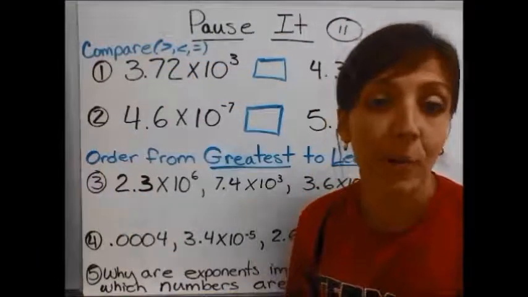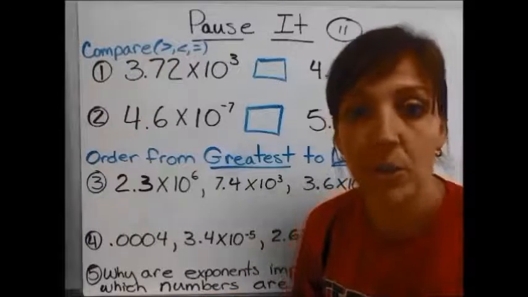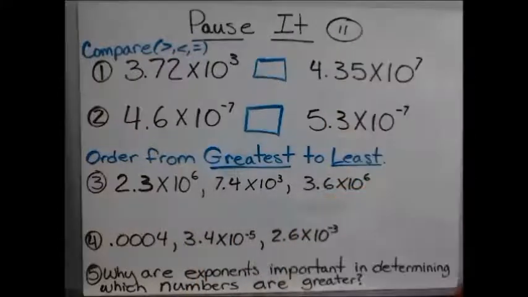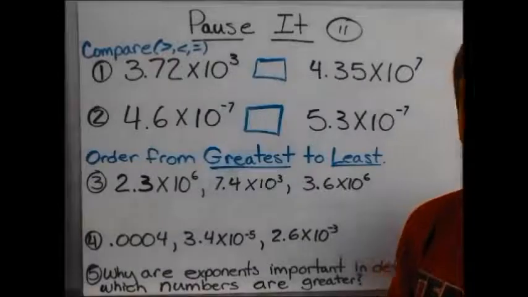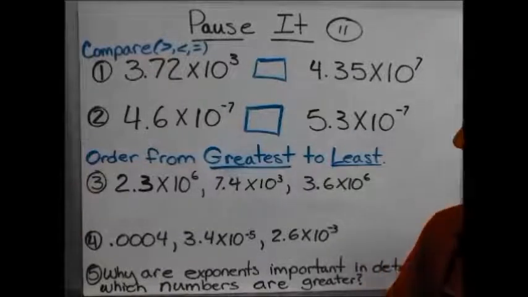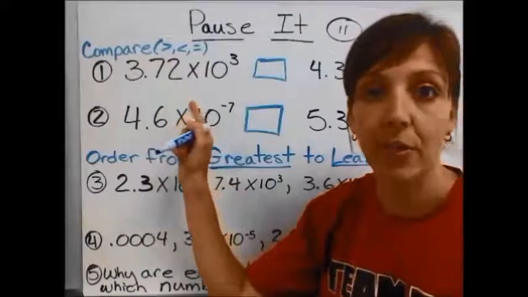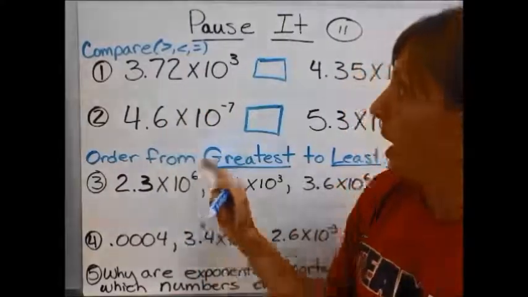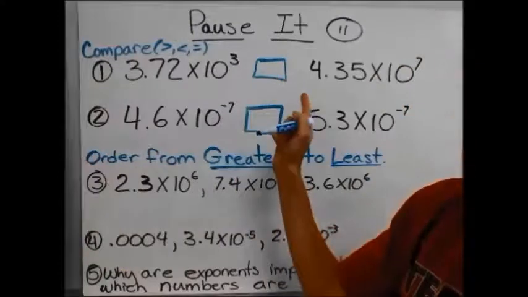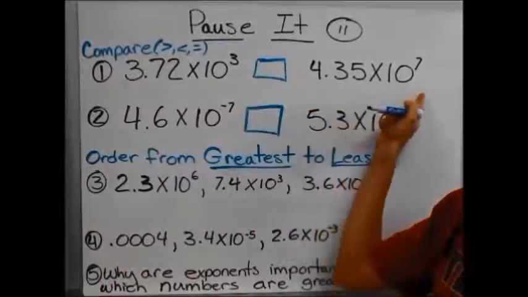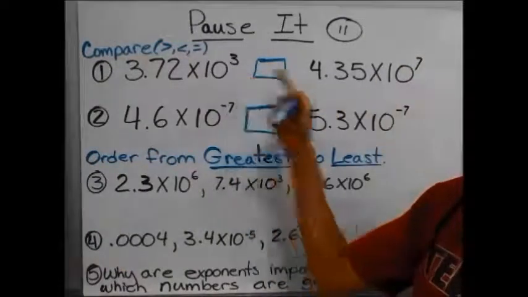Okay, at this point I want you to pause the video, and I want you to try these out on your own. Okay, we have 3 and 72 hundredths times 10 to the 3rd power. So I am going to compare that to 4 and 35 hundredths times 10 to the 7th power. I'm looking at my exponents.